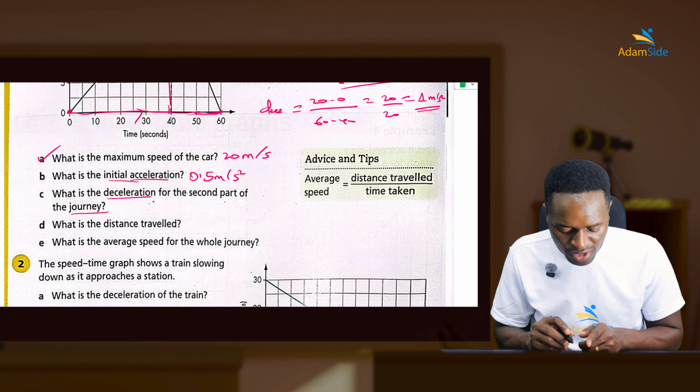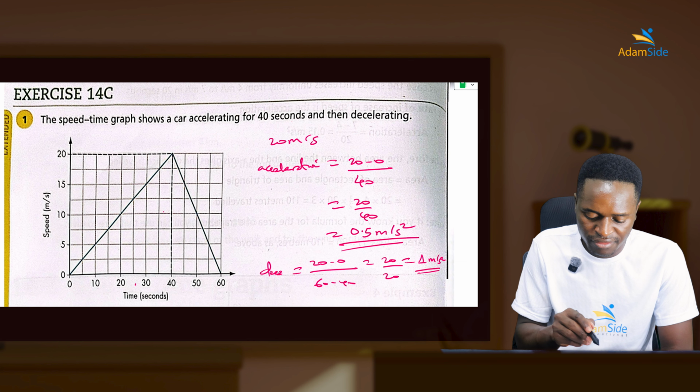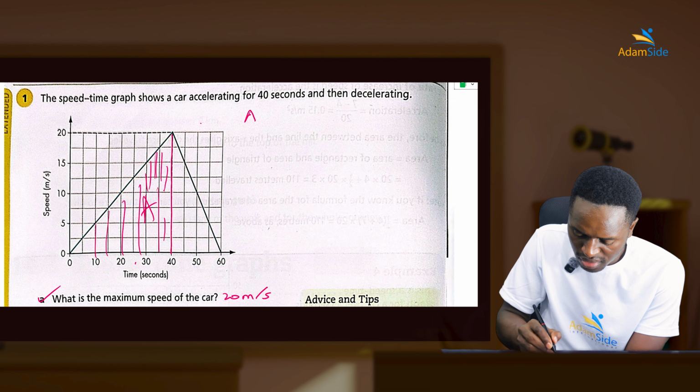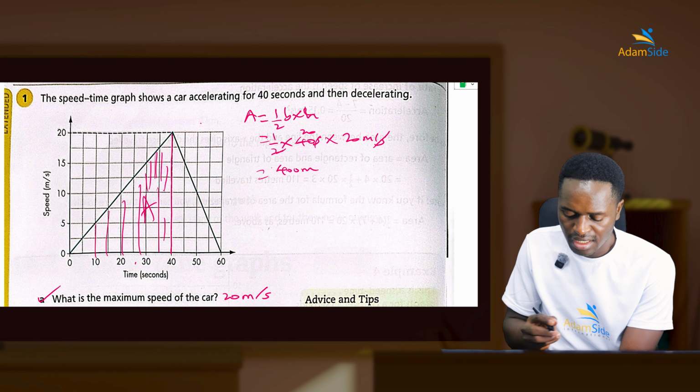Then the next, what's the distance traveled? The distance traveled will be equal to the area under the curve. Area is a half times base times height: 40 seconds times height, which is 20 meters per second. That's 400 meters.